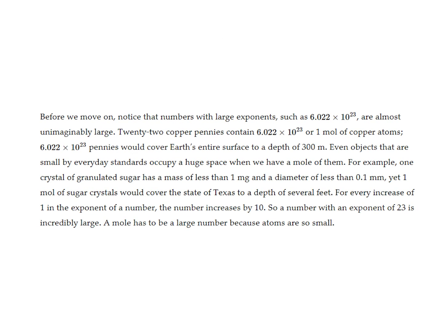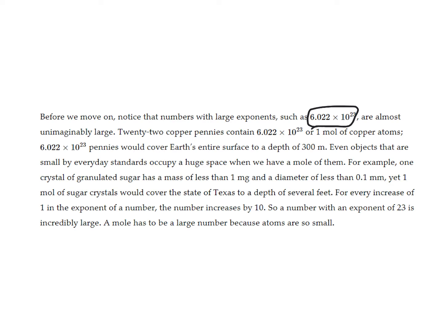Now, I have the picture from your textbook, to give you an idea of how big Avogadro's number is. So we said that 22 copper pennies contain 1 mole of copper atoms, okay?